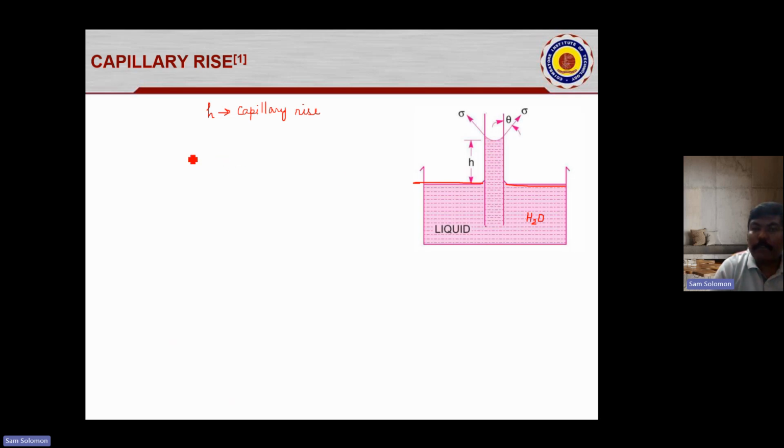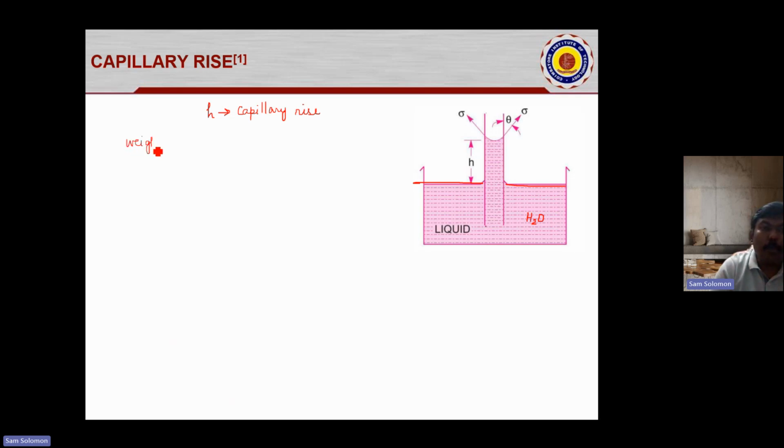That is one force acting in the upward direction. And what is the force counteracting this one? That is going to be the weight of the liquid at a height h, the level of the liquid above the level of the liquid in the vessel. It is the weight of the fluid that is counteracting the surface tension force.